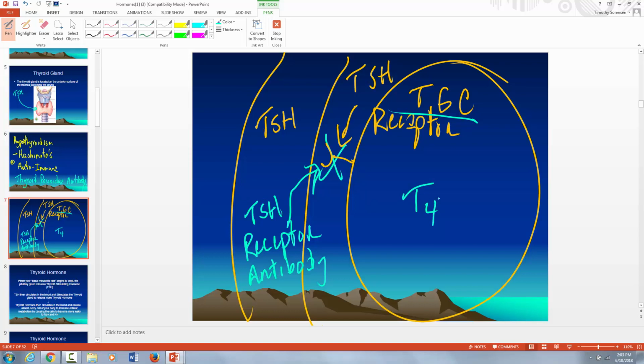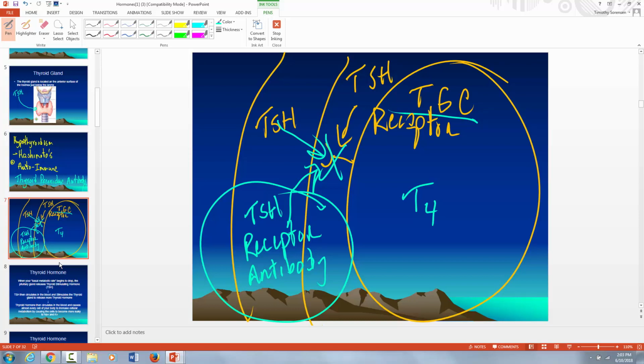Well, TSH has to bind to a receptor. If those receptors are destroyed by this antibody, then the result is that you can't make T4. And if you can't make T4, you can't make T3. So these people develop hypothyroidism.